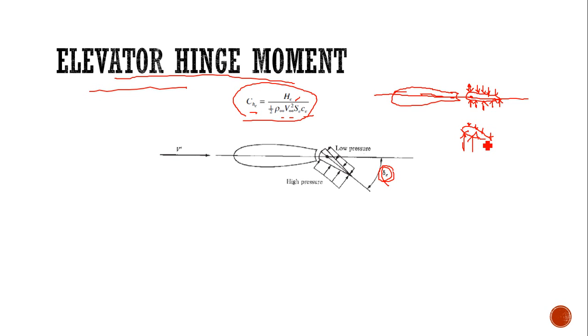Because of this, lift acts on the tail plane or elevator of the airplane, and the tail will be deflected upward to balance the airplane. So this is a hinge moment. This is a moment acting on the elevator of the airplane.